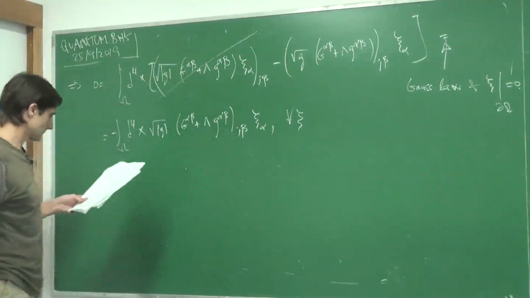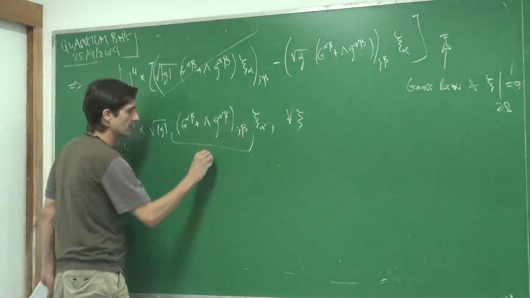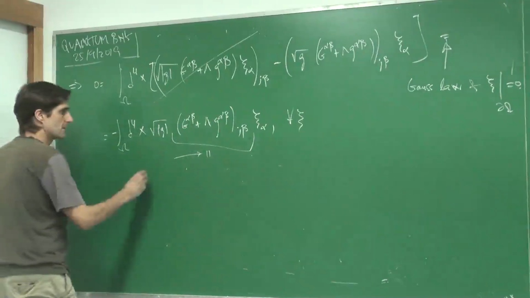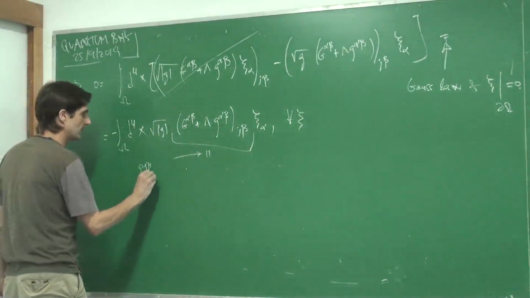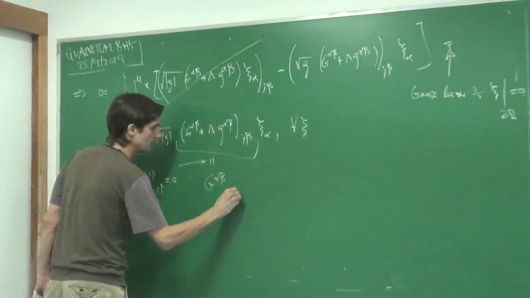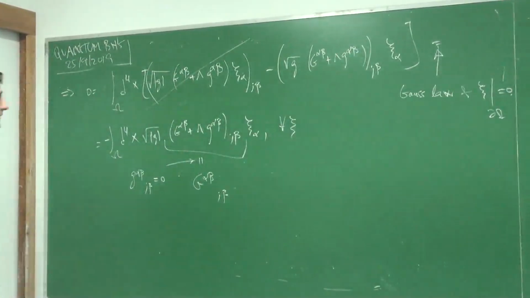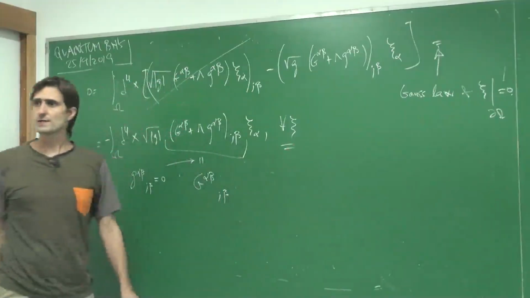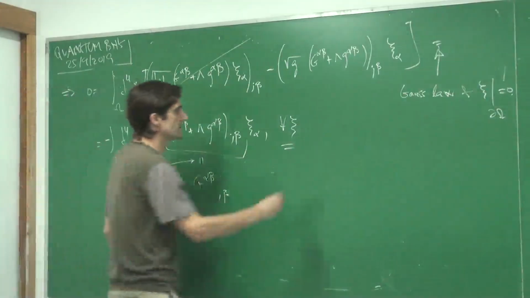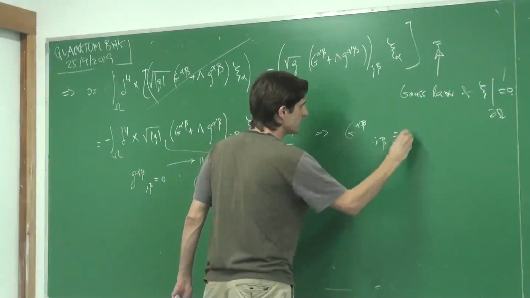Now, remember the covariant derivative of the metric is equal to 0, so this is just equal to g alpha beta covariant derivative with beta. This must be true for all xi's, and so this tells you that the integrand must be 0. So G alpha beta divergence is equal to 0.